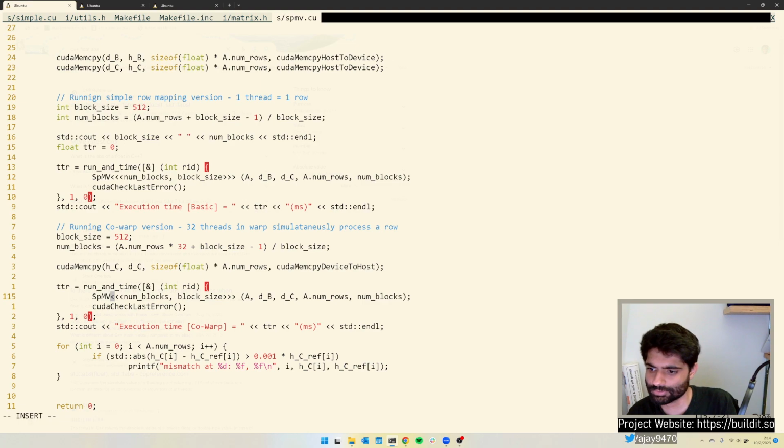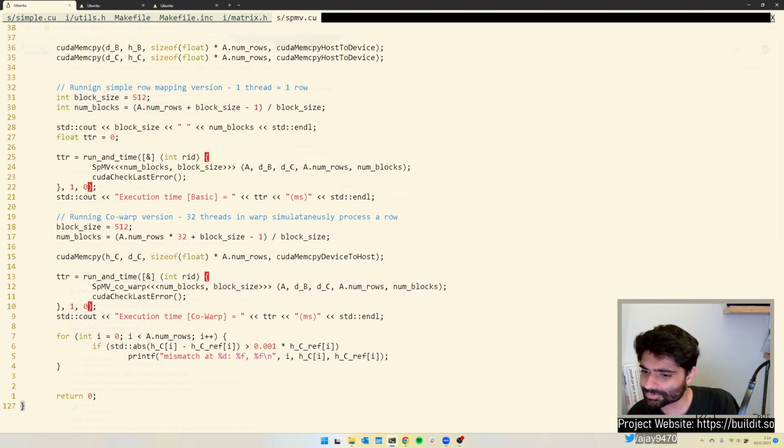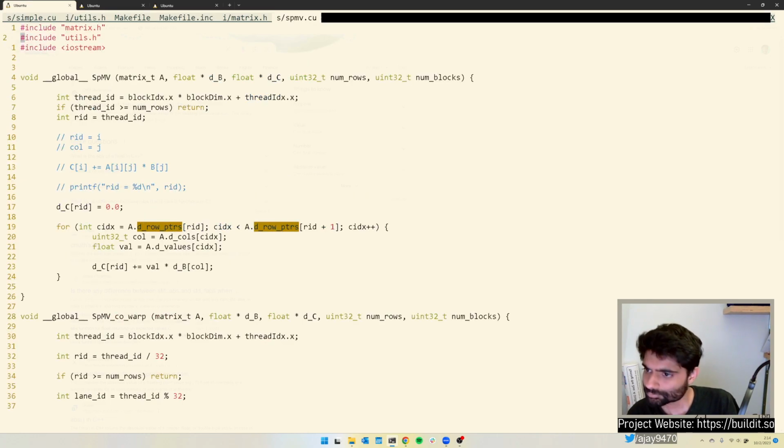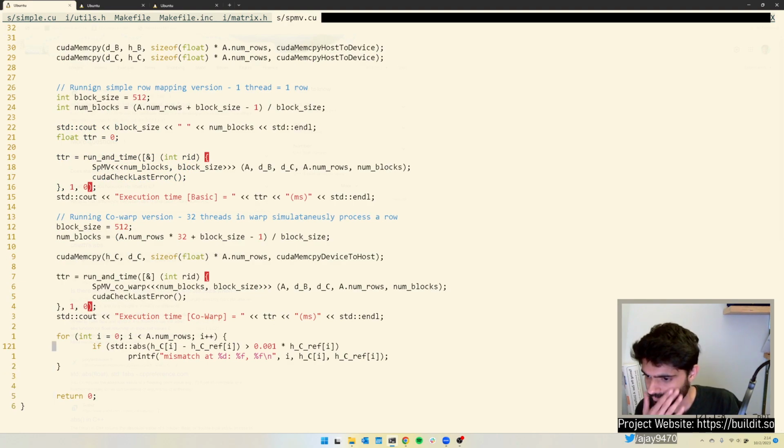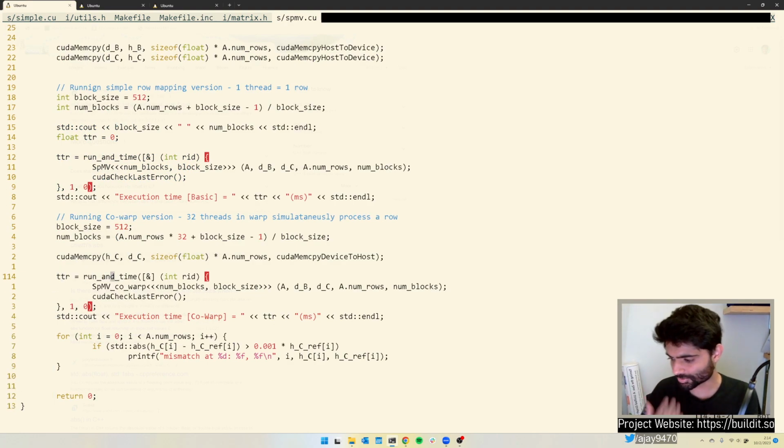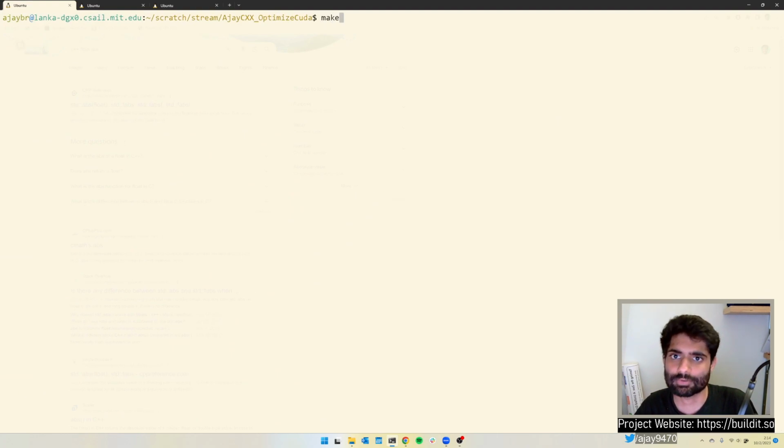Let's call the right kernel. What did we call it? Co underscore what? Okay. So this one is going to launch 32 times the threads, but those 32 threads in the warp are cooperatively going to process the non-zeros in a row. Let's see how much performance difference we get out of it.